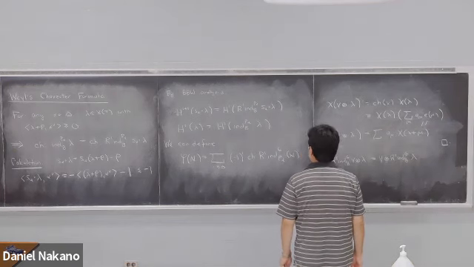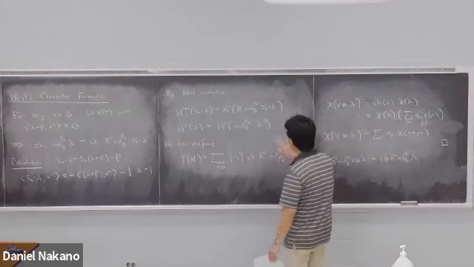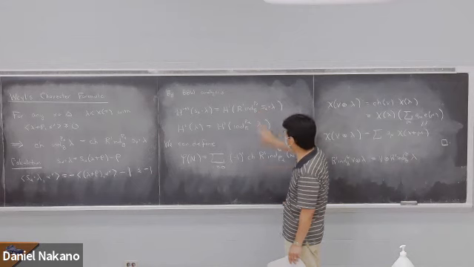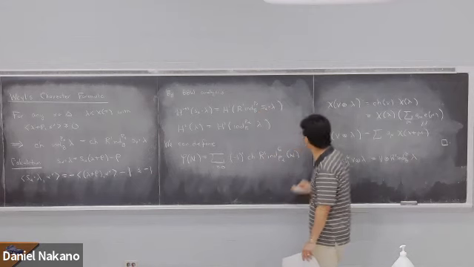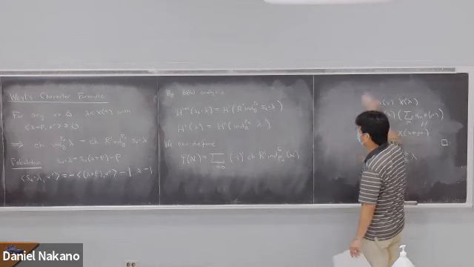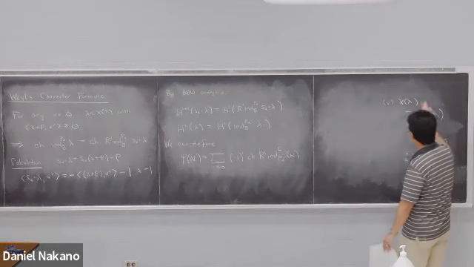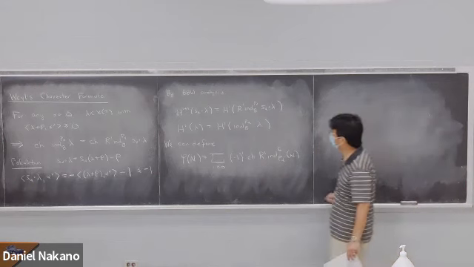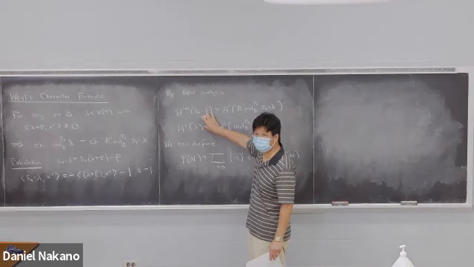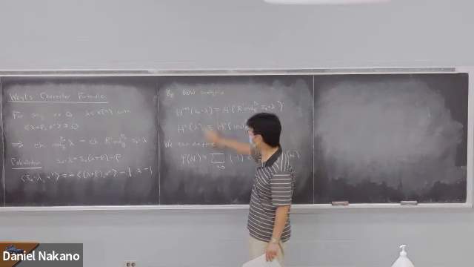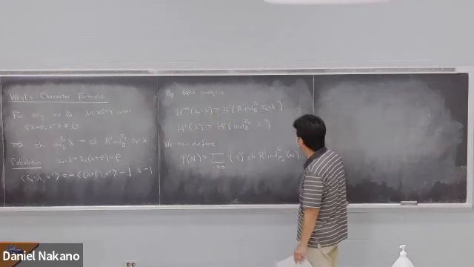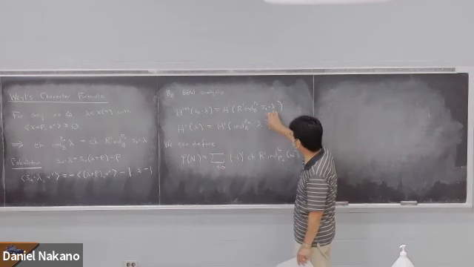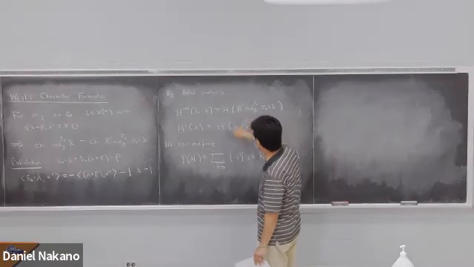So what's the point? Well, the point is that these two have the same composition factors. And so when I take the Weyl characteristics of these things, the characters are going to be the same because these two have the same composition factors.